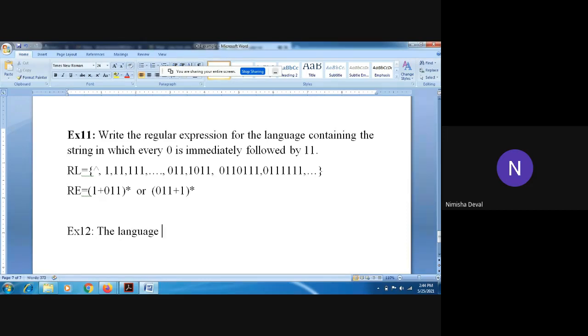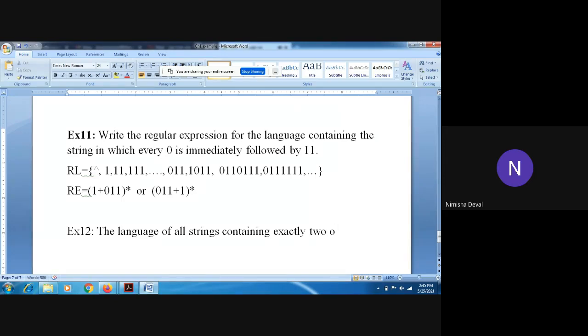The language of all strings containing exactly two zeros.